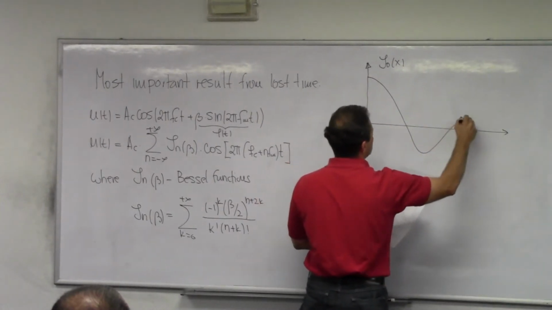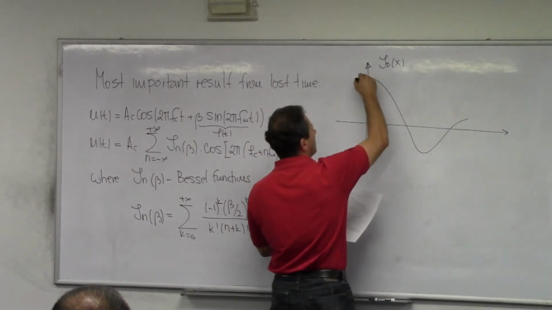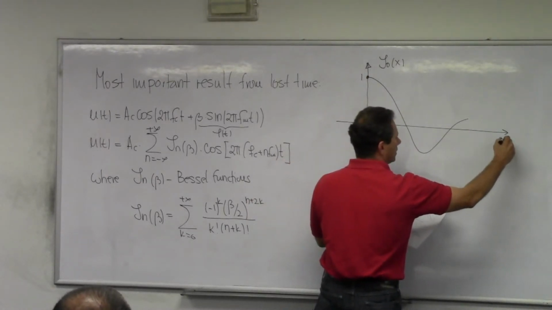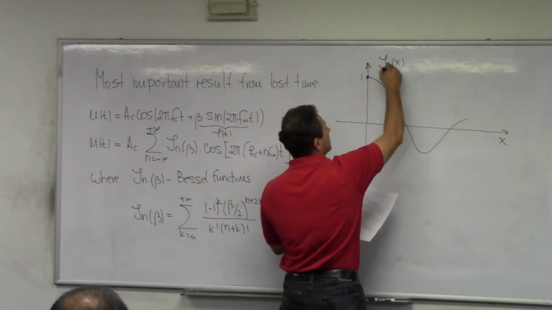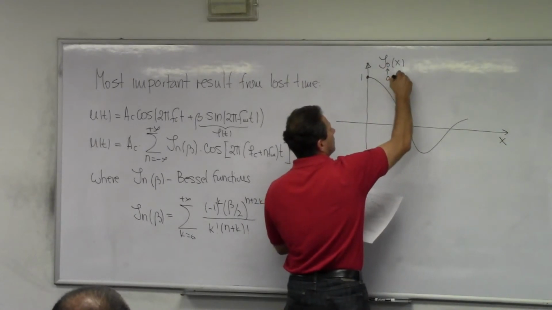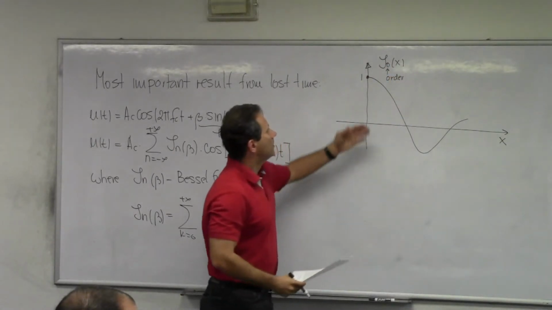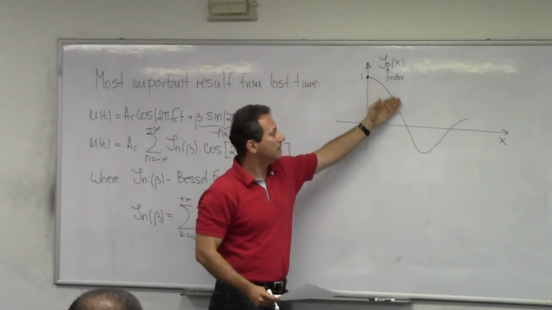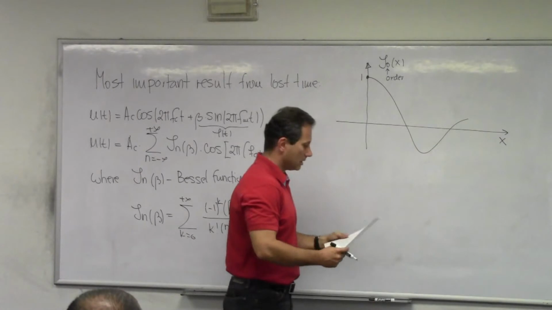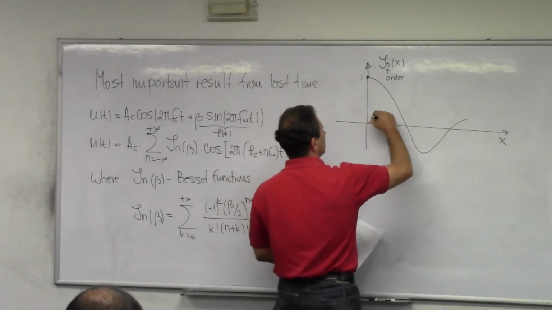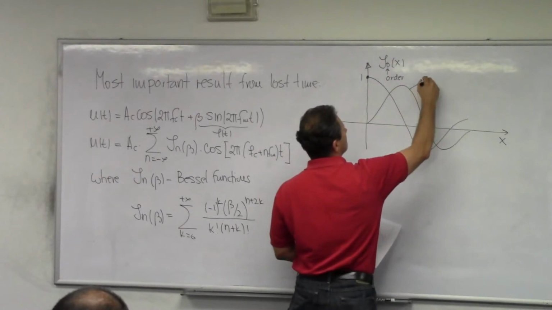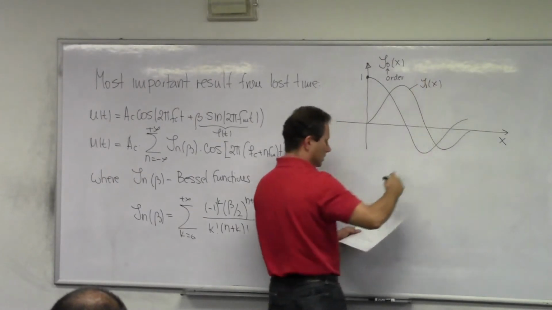This is how J0(x) looks. It starts from 1 and has this behavior. Here is x, and this is the order. This is the Bessel function of the first kind of 0th order and argument x. The Bessel function of the first kind of the first order, J1(x), looks like this, and you see all of them here.